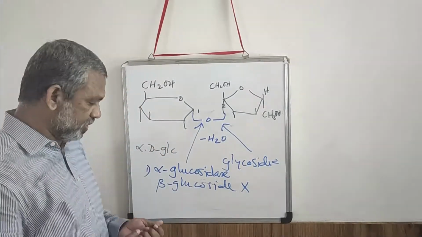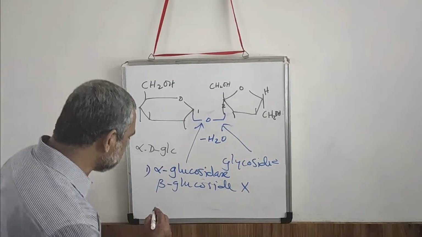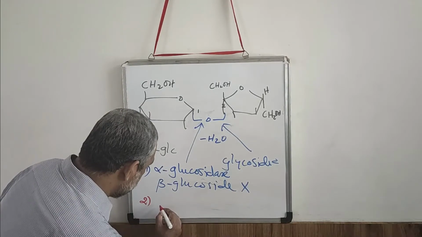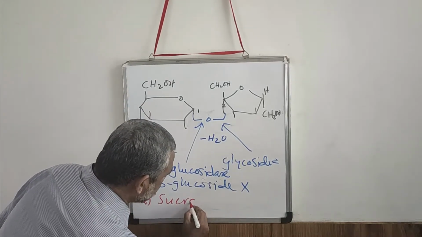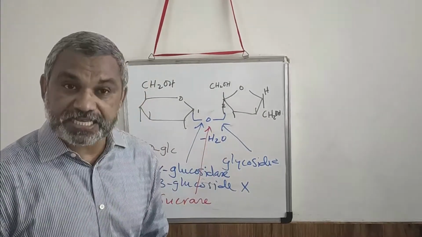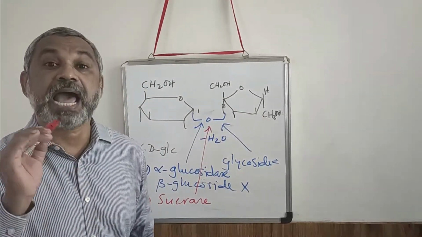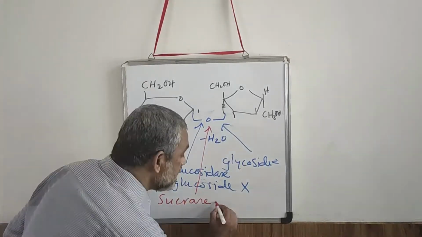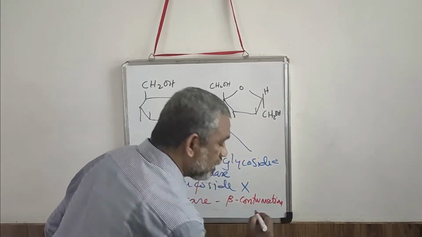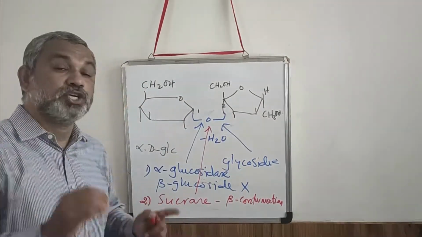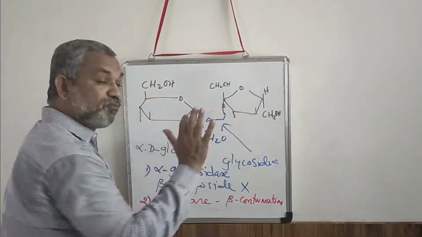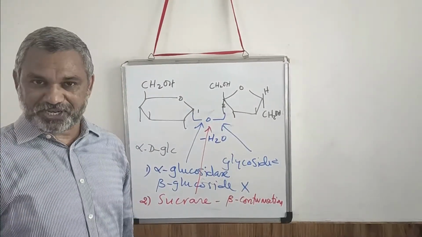In the second experiment, they tried to hydrolyze this with the sucrase enzyme. Sucrase tries to cleave this, and it can act only if the fructose is in beta conformation. So that proved that the fructose exists in the beta conformation.